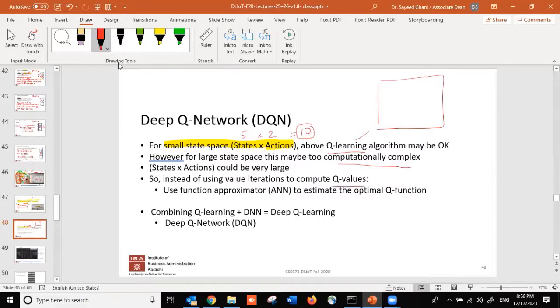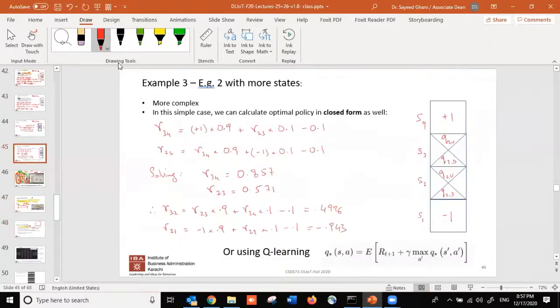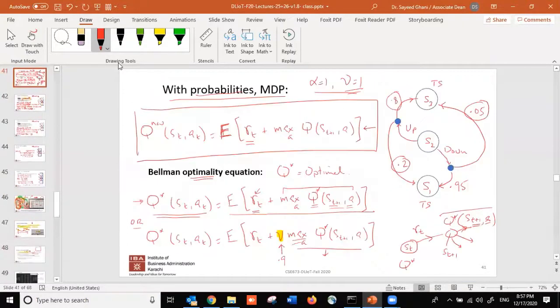Earlier, what we were doing is manually calculating the optimal Q values using this particular table.